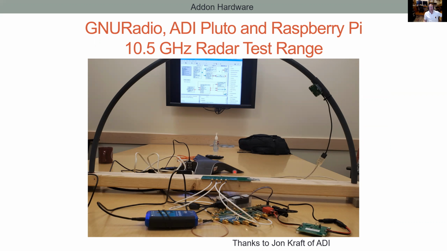And in this case, one of my friends, John Kraft from Analog Devices, set up a little 10.5 gigahertz radar test range where he could actually measure and look at the squint angle of these patch antennas on this system. So you can actually use it for very complex type setups. Although this is version 0 with the hula hoop, it's much more improved now.